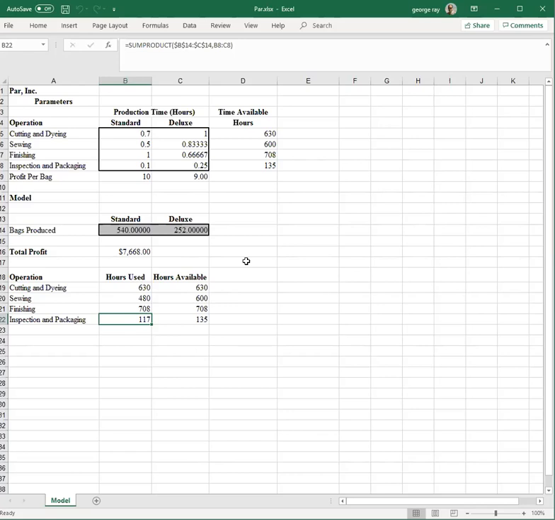And we get that amount by producing 540 standard bags and 252 deluxe bags. And we notice that in fact, we are within the limits we have for the available labor hours. We have a lot of slack time for sewing, a little slack time for inspection and packaging.